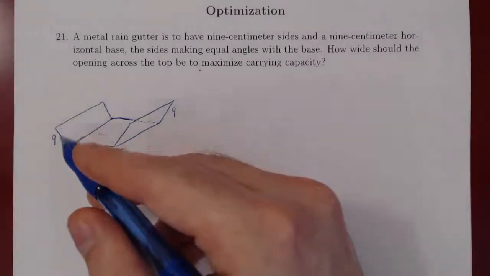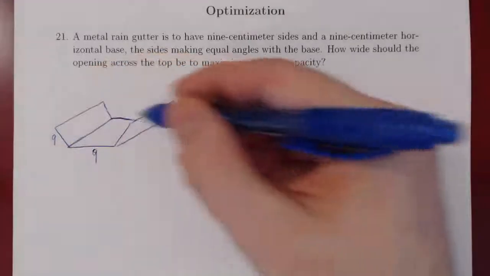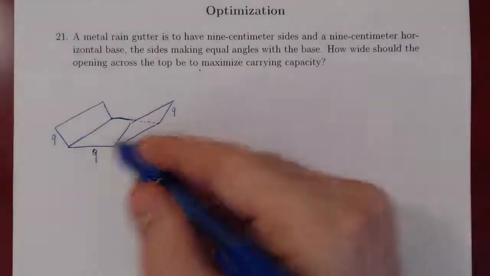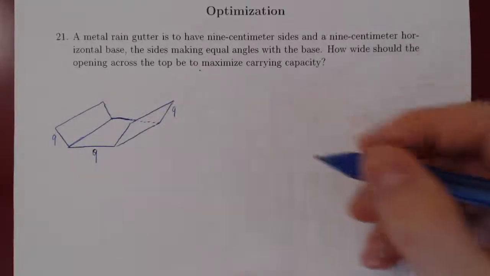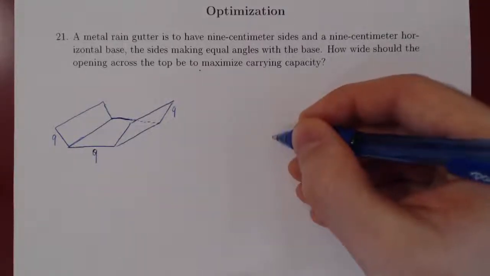So let's just draw a cross-section of our rain gutter. If you cut through it, what you get is a simple trapezoid. So let's draw it here and make it a little larger.